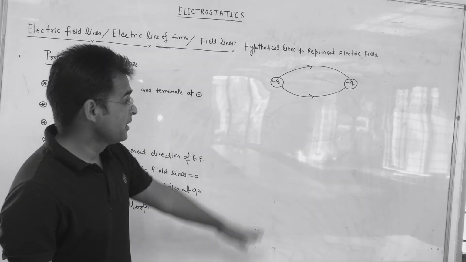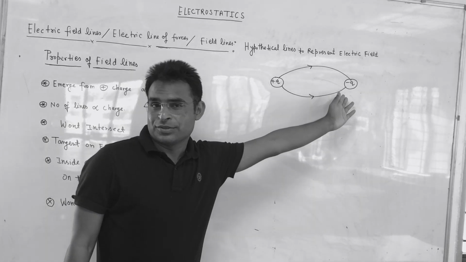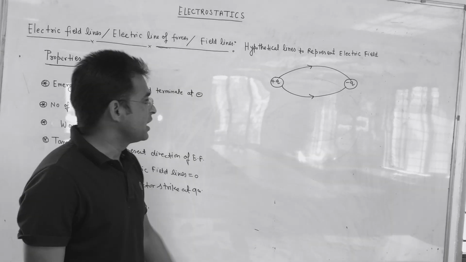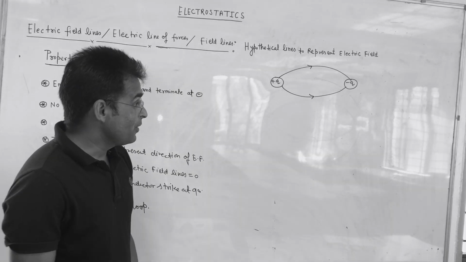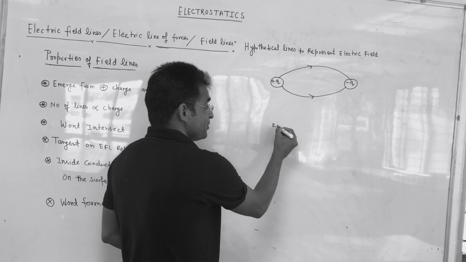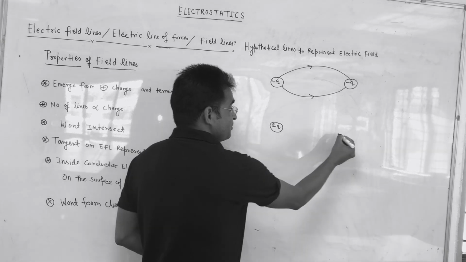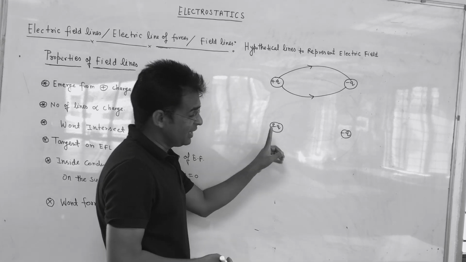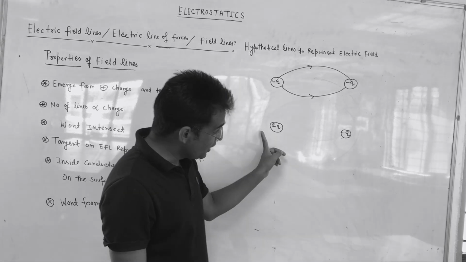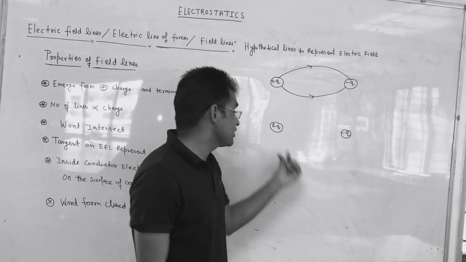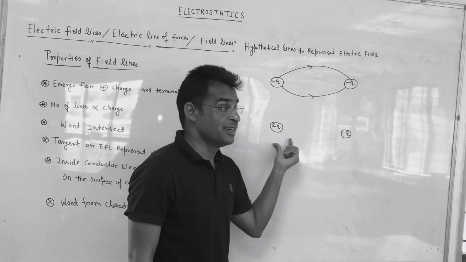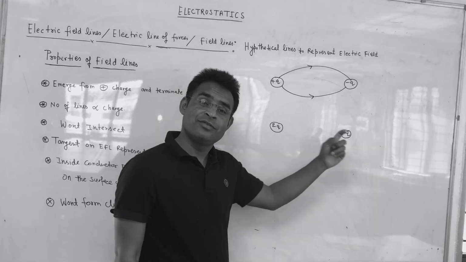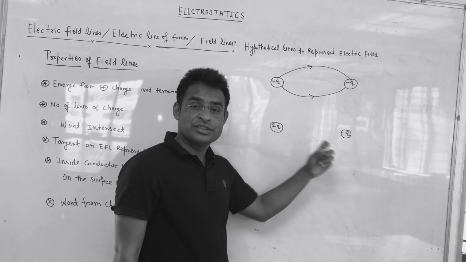I am talking about magnitude only. This one is q, this one is also q, so magnitude-wise q by q equals 1. Now let's say this charge is 2q and this one is minus q. In that case, if 4 lines emerge from this one, only 2 lines will end over here. Why? Because the ratio of these two charges is 2:1. If 8 emerge, 4 will end. If 6 emerge, 3 will end.